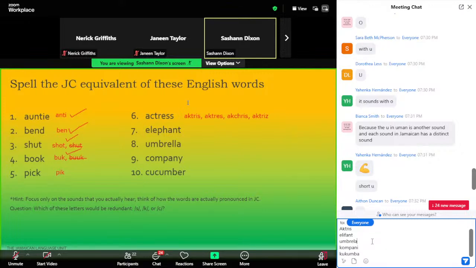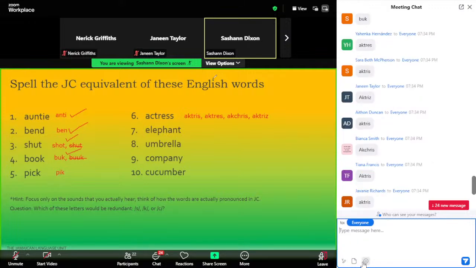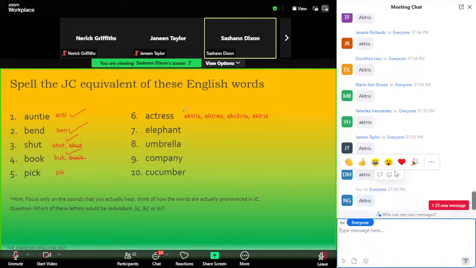Actress. Okay, good. Now, in all 4 options, we start off with AK. So I'm very pleased about that. So if you started off the word with AK, you're already on the right path. Good. Now that's the first syllable. Ak. Now we need to represent tris. Tris.